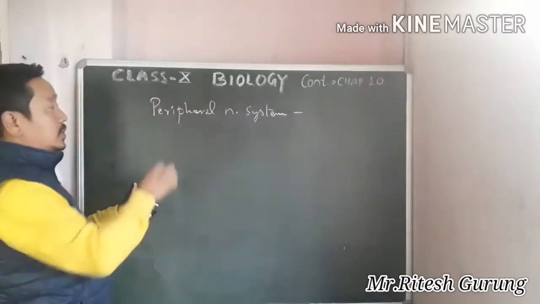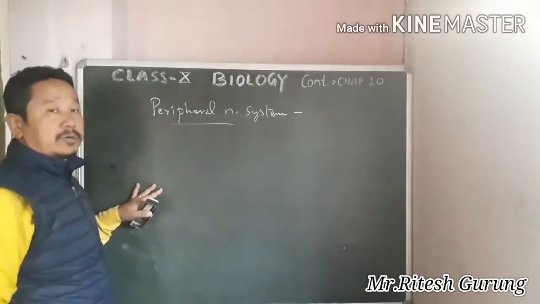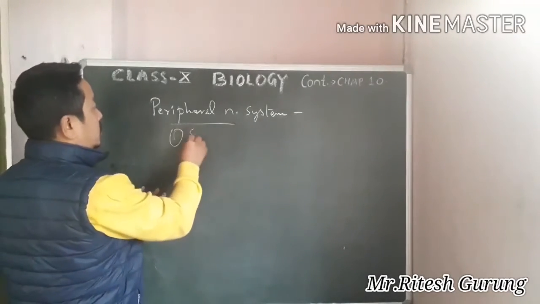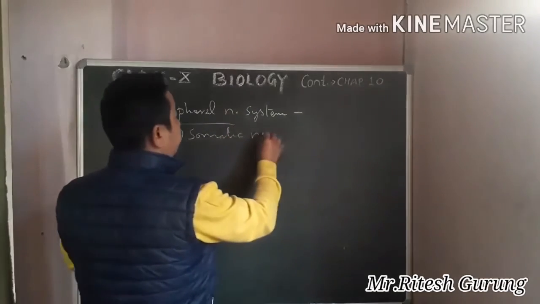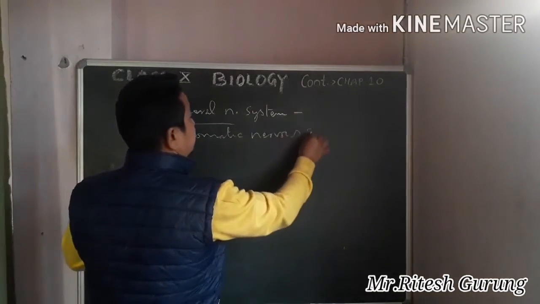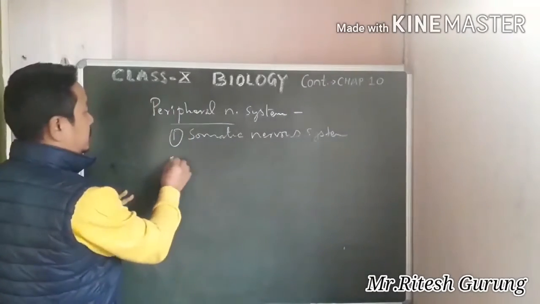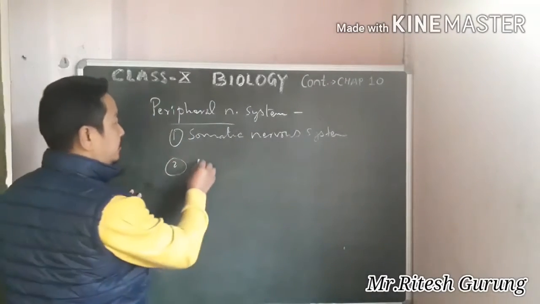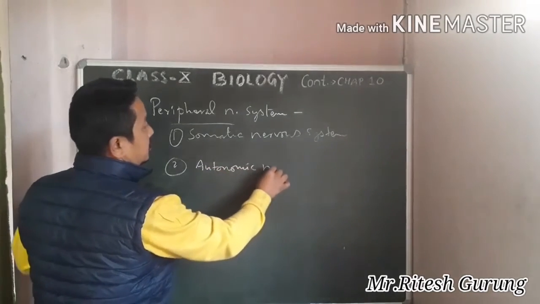As I told you, this peripheral nervous system is further categorized into the somatic nervous system, and the other one is your autonomic nervous system.